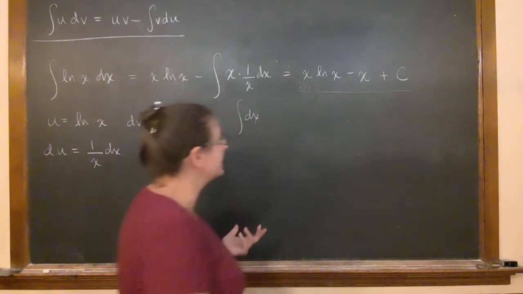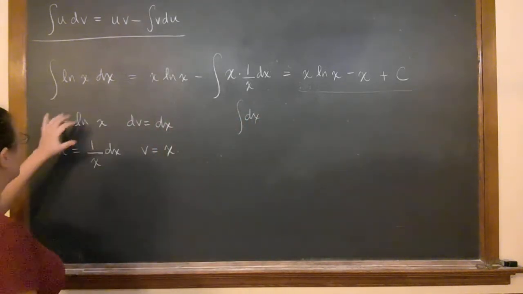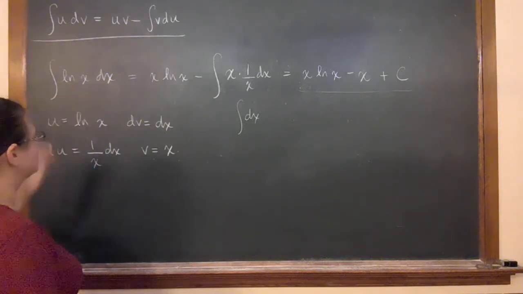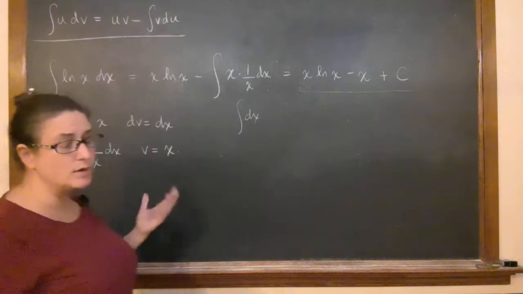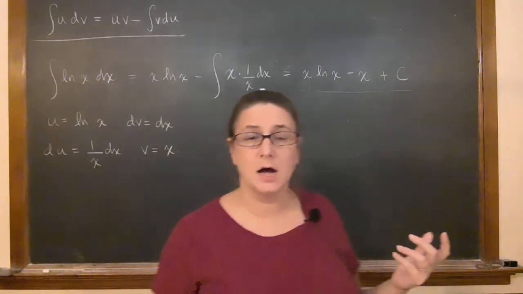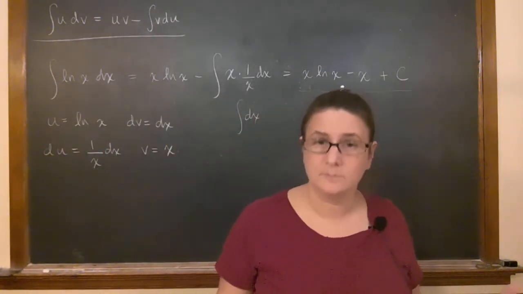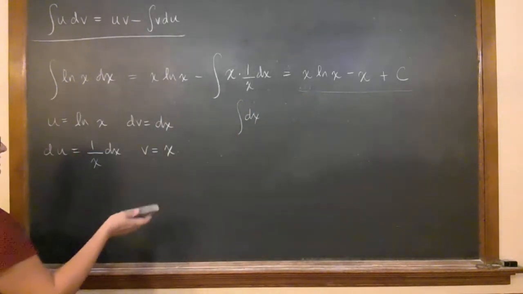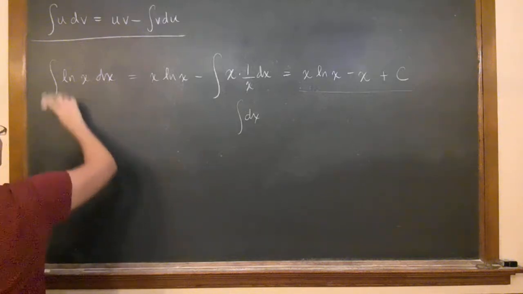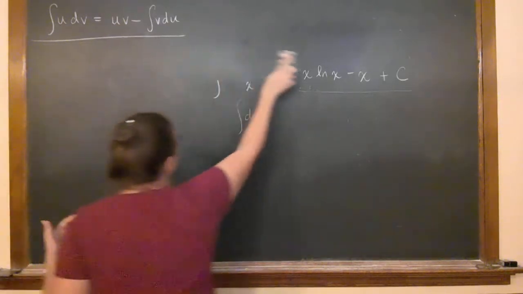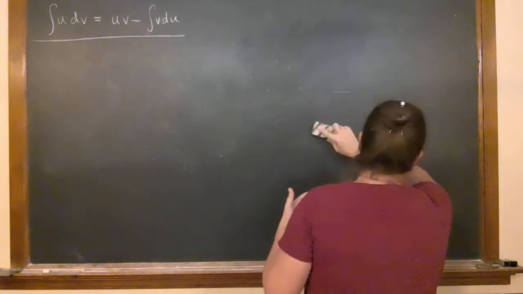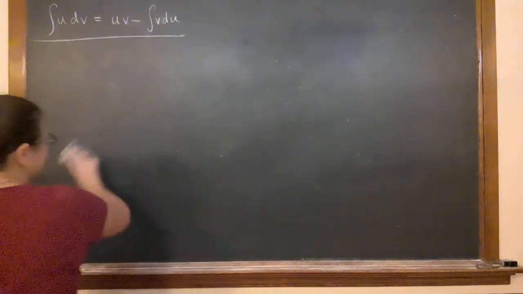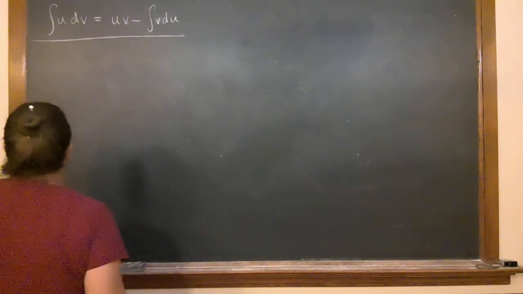So that is one case where you want to do that, where you can just let u be that natural log of x. Another case where this is helpful is inverse trig functions. If you want to integrate an inverse trig function, it's sort of the same problem as natural log of x, because we know what the derivatives are of the inverse trig functions, but none of the integrals give us that back.